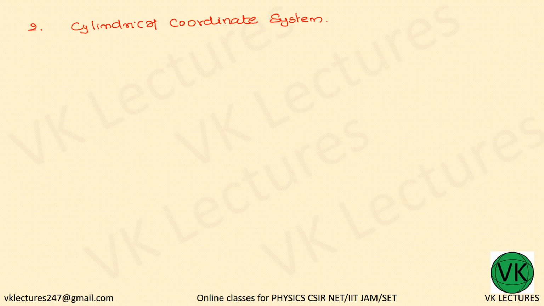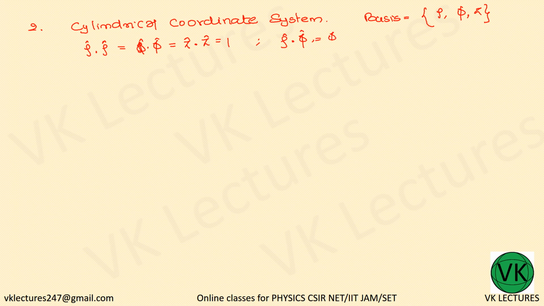For the cylindrical coordinate system, the bases are rho, phi and z, and as we have seen in the case of the Cartesian coordinate system, rho cap dot rho cap equal to phi cap dot phi cap equal to z cap dot z cap equal to 1, and similarly rho cap dot phi cap equal to phi cap dot z cap equal to z cap dot rho cap equal to 0.